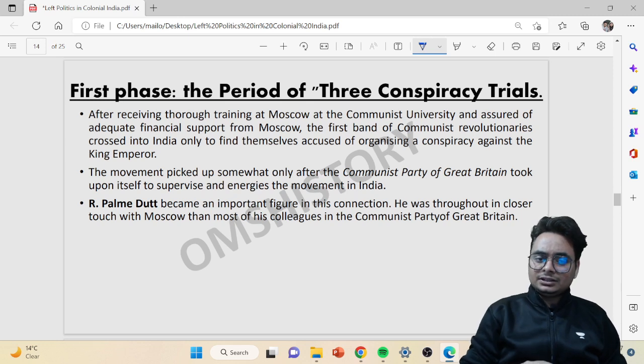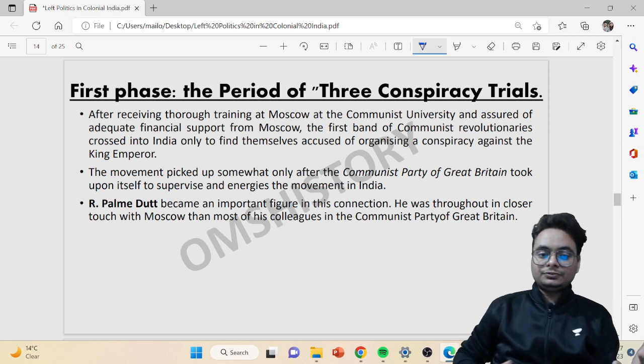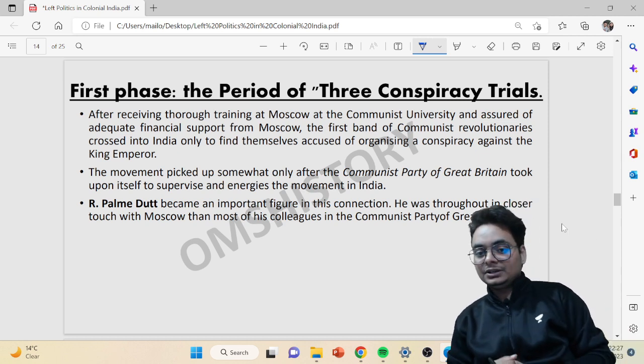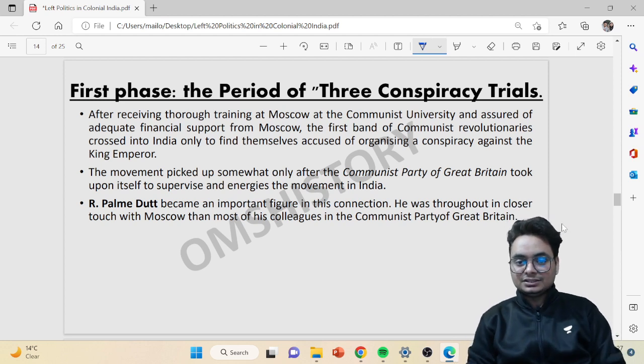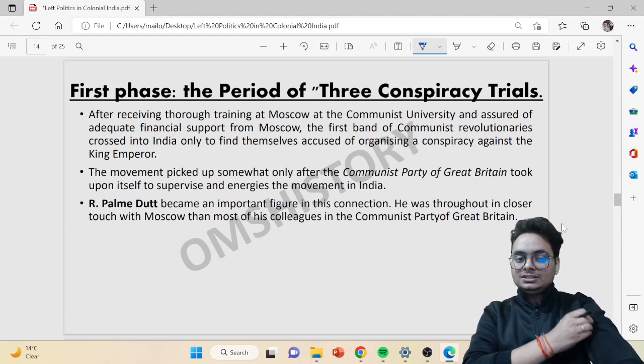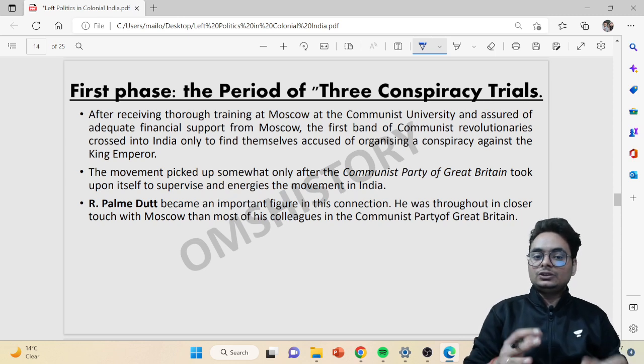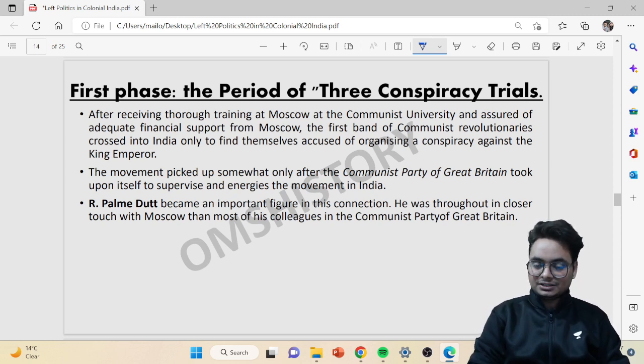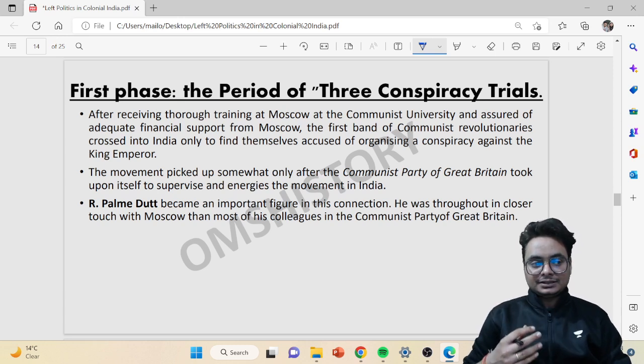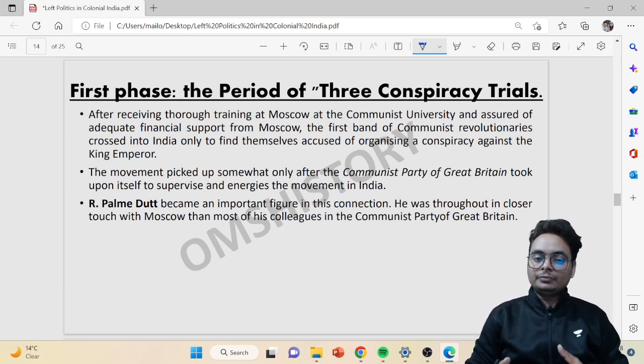And after receiving thorough training at the communist university in Moscow, and assured of adequate financial support from Moscow, especially from the Communist International, the first band of communist revolutionaries crossed into India, only to find themselves accused of organizing a conspiracy against the king emperor. हमने last class में भी ये चीज बताई थी कि why Britain was very much conscious about the working of these communist people, because the whole ideology of communist people was based on how it needed to topple down the current government so that it could establish a communist society.